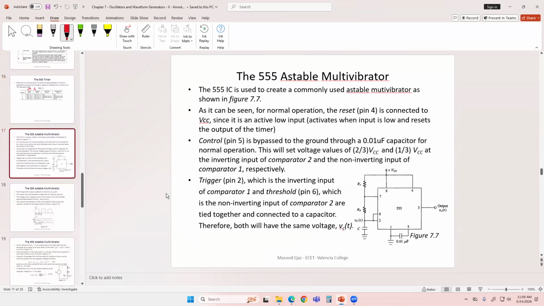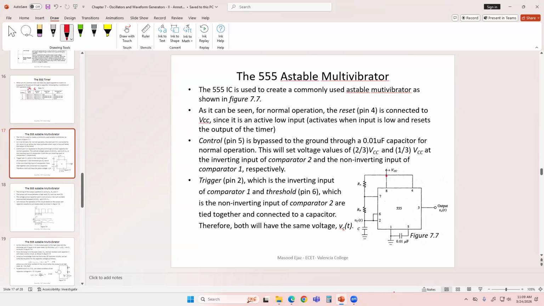All right, this is a circuit that you generally create to set the timing of the output. It employs a capacitor, and charging and discharging of the capacitor is going to set the output time. For normal operation, pin number 4, which is right here, is connected to VCC.